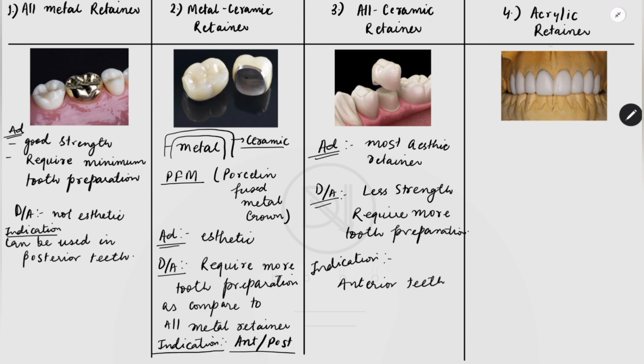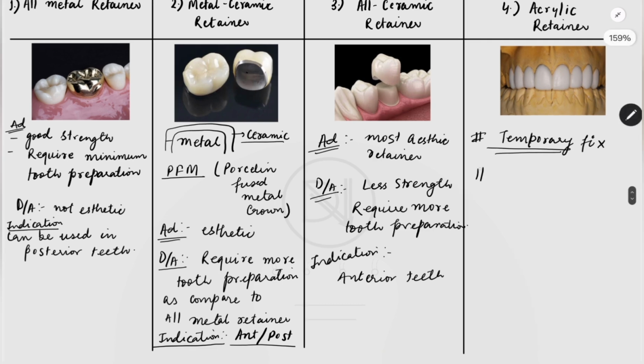Now coming to the acrylic retainer, they are generally used for temporary fixation. If you are fixing some temporary retainers, then we can use this acrylic retainer.